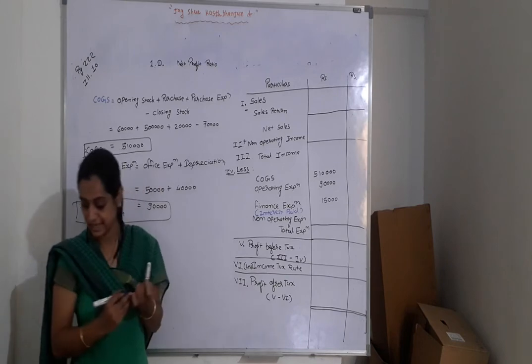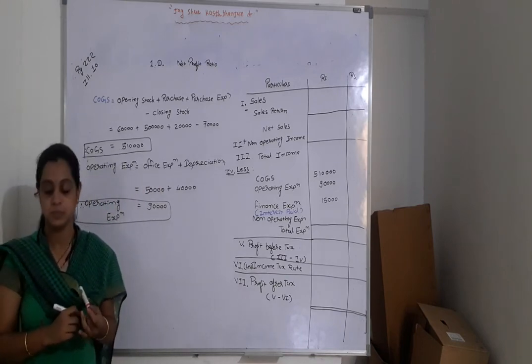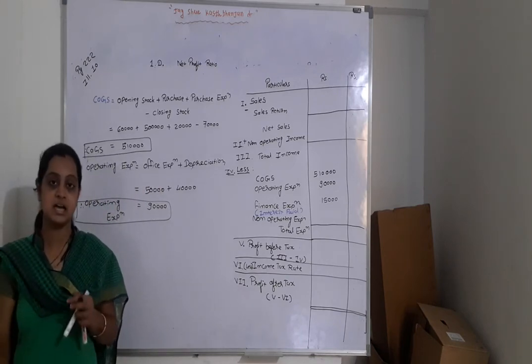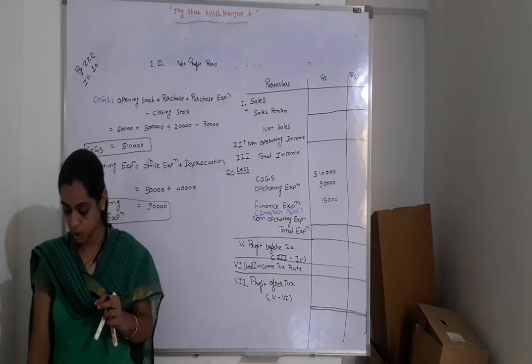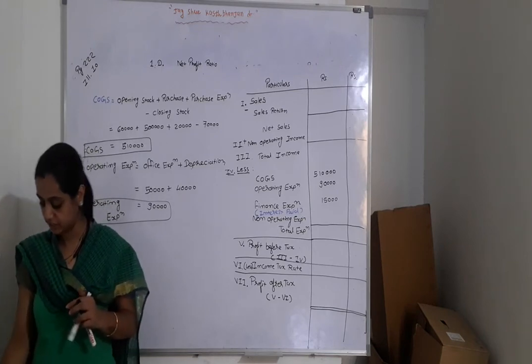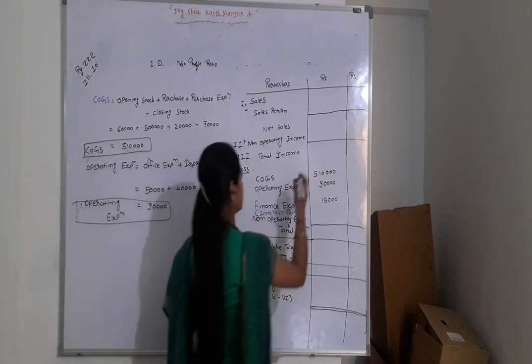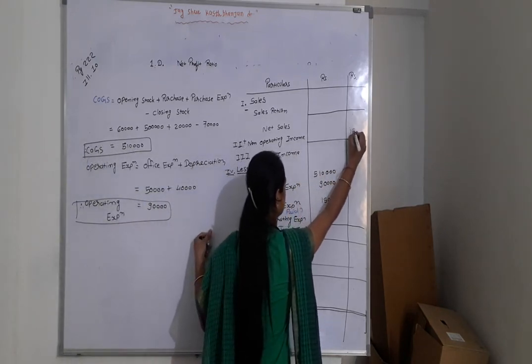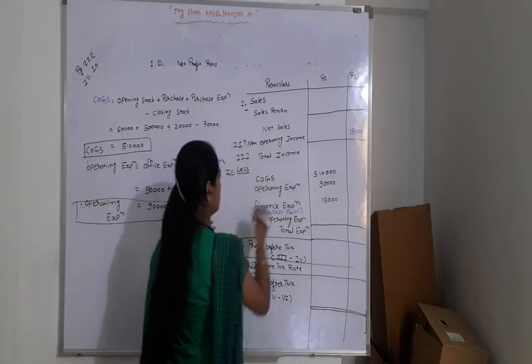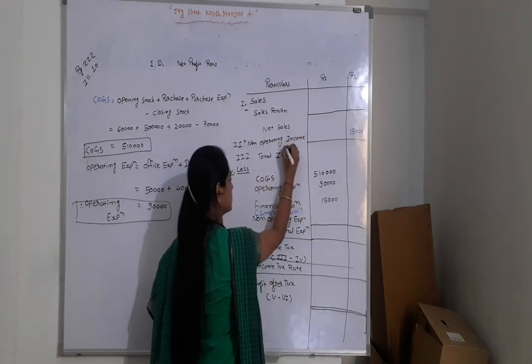Okay. Next, dividend received. Dividend received is our income. That is our non-operating income. That is 15,000. Into bracket dividend.